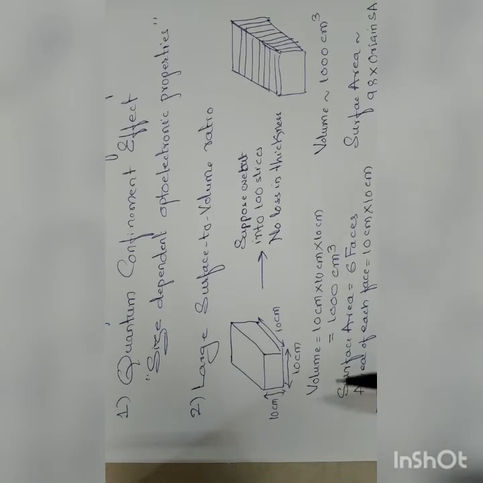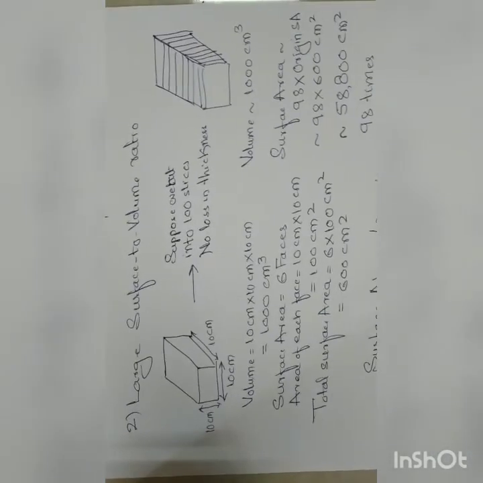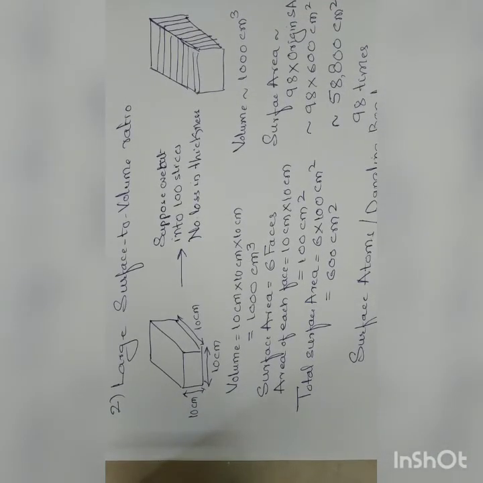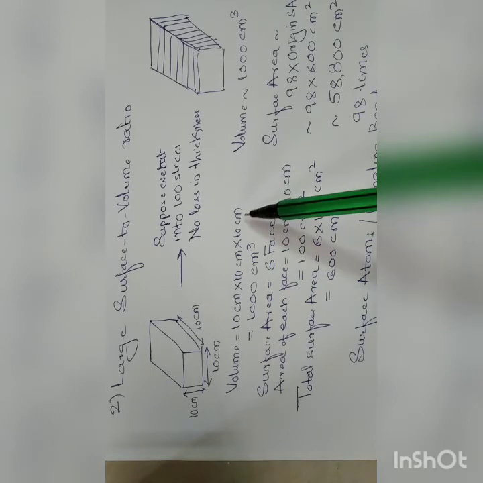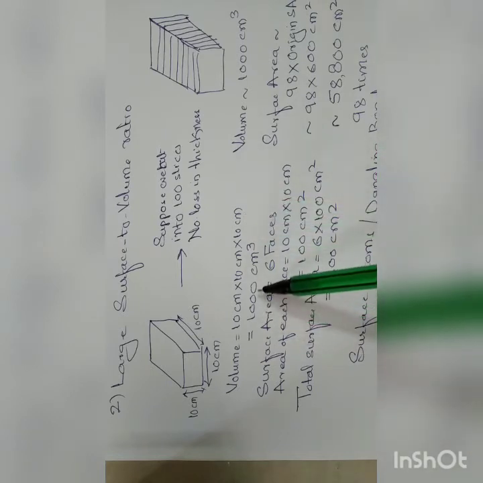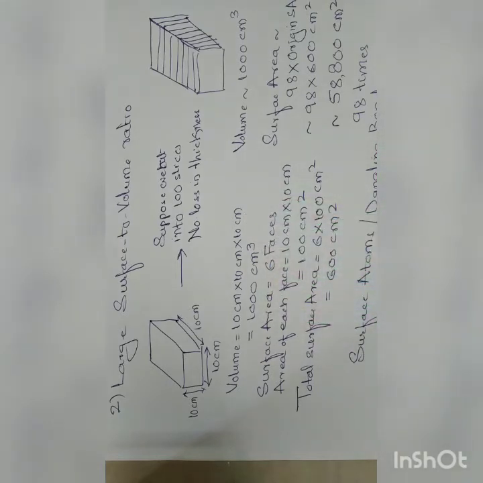So you can make simple estimate like this. Let us see that volume 10 centimeter multiplied by 10 centimeter multiplied by 10 centimeter, that is 1000 centimeter cube. Surface area, there are 6 faces. Area of each face, I have taken same length, width and breadth and height just for sake of simplicity.